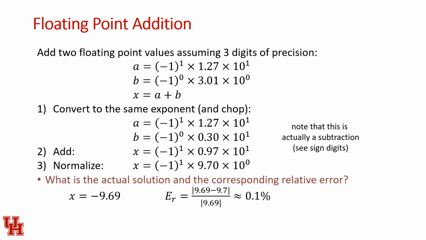Now, something interesting happened here. If we perform this operation ourselves, while still leveraging 3 digits of precision in the answer, we get a more precise result, x equals negative 9.69. We can calculate the resulting error due to round off by comparing the value that we calculate with our computed result. What we see is a 0.1% error.